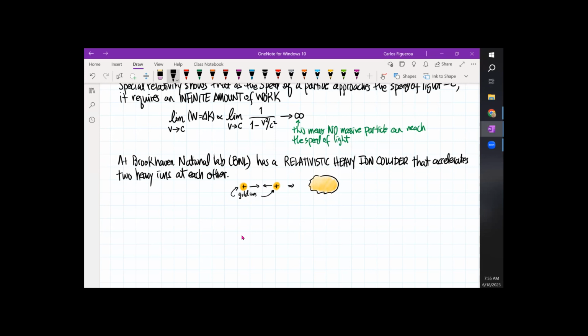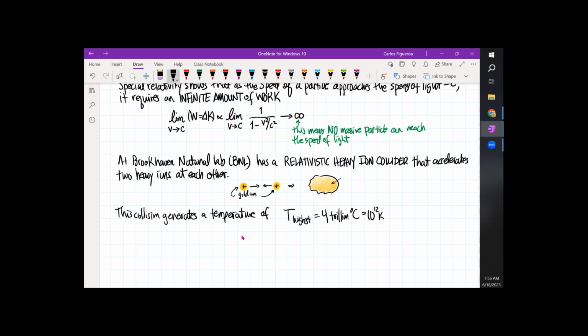So what they get here is that this collision generates a temperature, the highest temperature ever recorded, of 4 trillion degrees Celsius. And it turns out that it's about 10 to the 12 Kelvin.